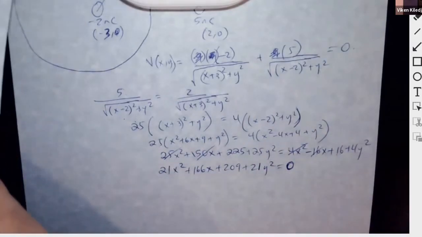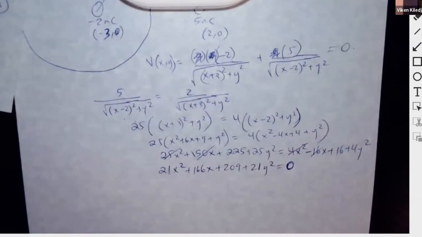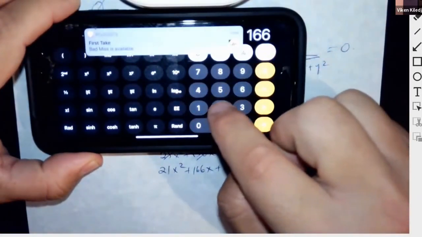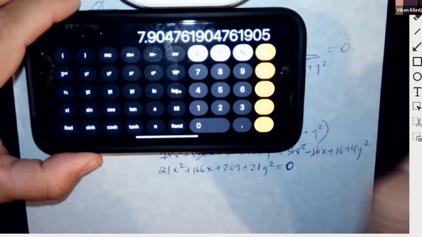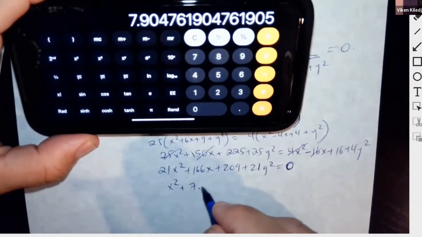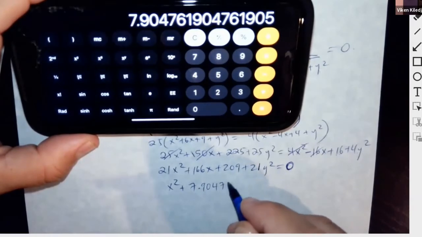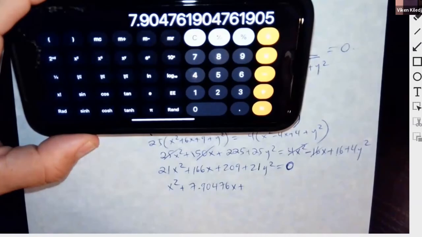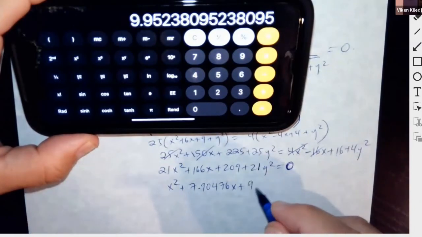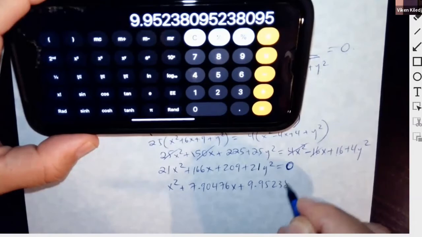Let's see, get my calculator. 166 divided by 21 is 7.90476x. 209 divided by 21 is 9.95238.